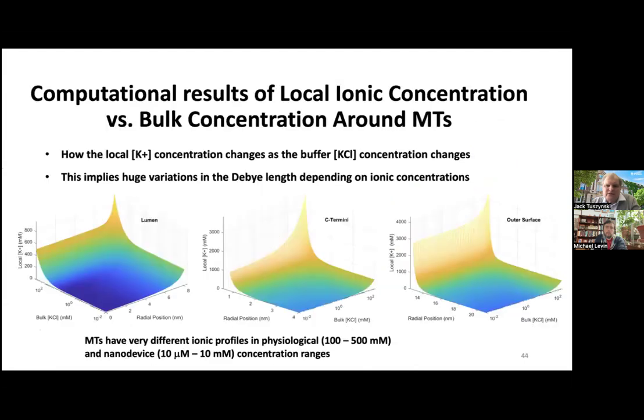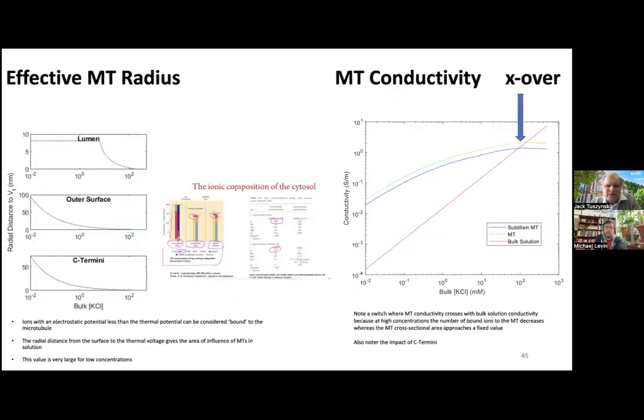And this is kind of a summary graph. If anybody wants to get into more detail and read the paper we published in Frontiers in Physiology, I believe it is, it shows you how everything depends on the bulk concentration and the surface from which you measure. And this is the bottom line.